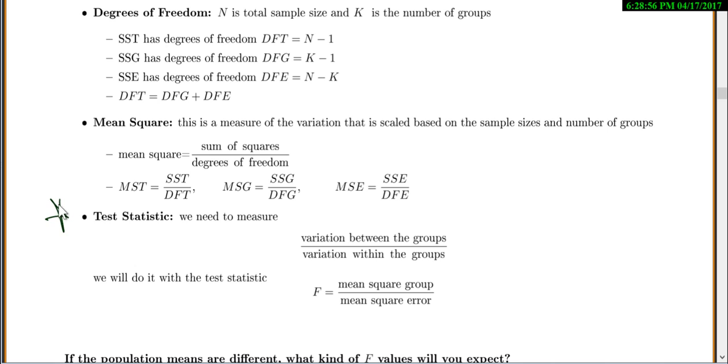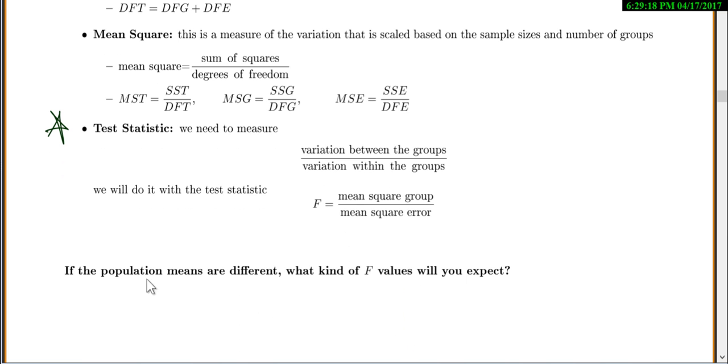Now the test statistic, this is the first thing that I want you guys to understand here. We need to measure the variation between the groups compared to the variation within the groups. And the way they decided to do that is with this test statistic. F is going to be the mean square group over mean square error.